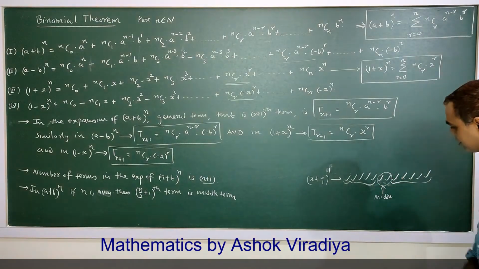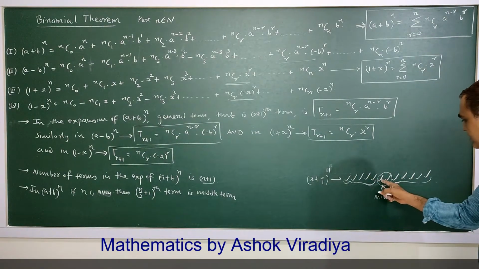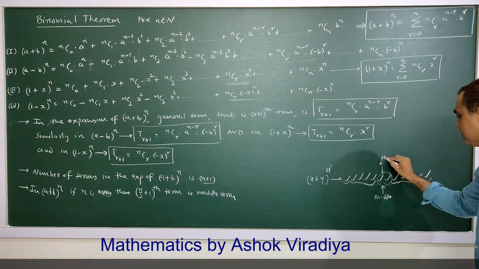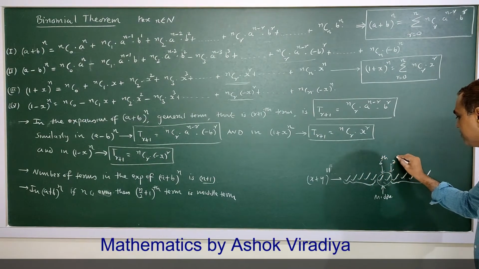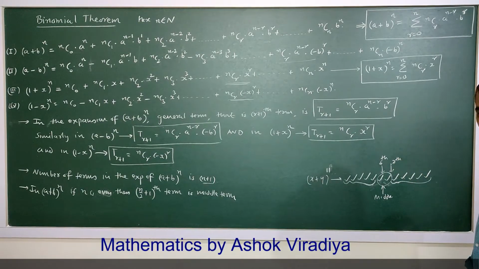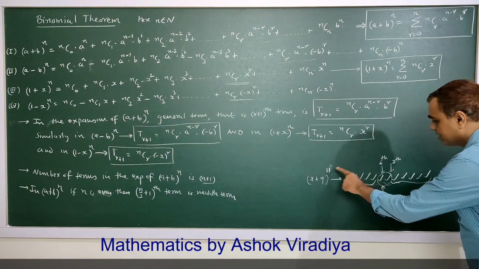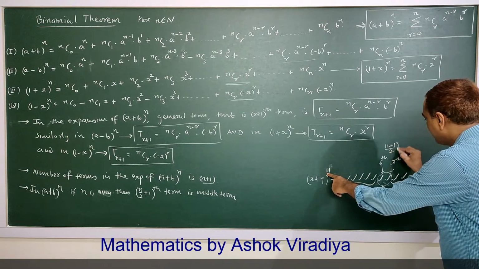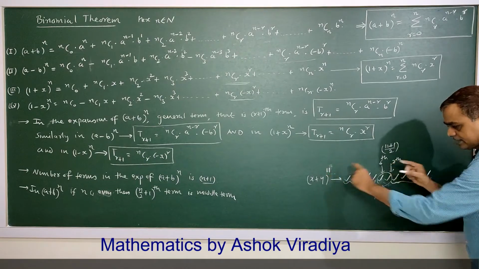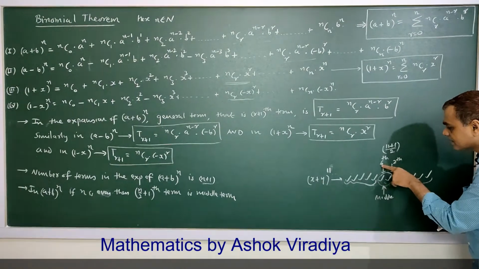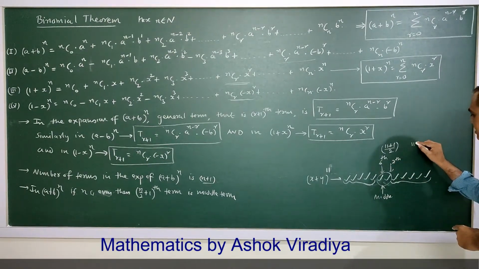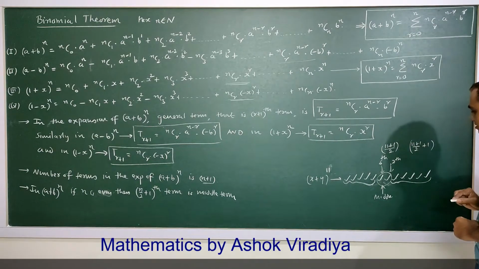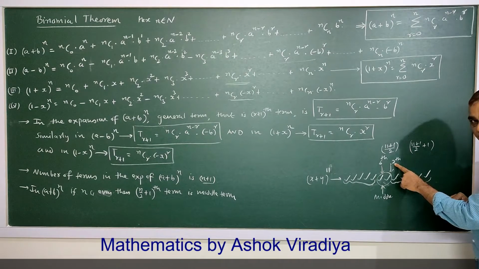Now what is their order? This is the 6th term and this is the 7th term. That means 11 plus 1 divided by 2 is 6, and then in this number you add 1, that is the 7th term.